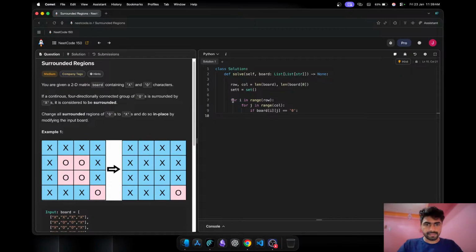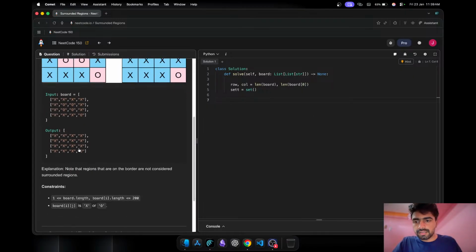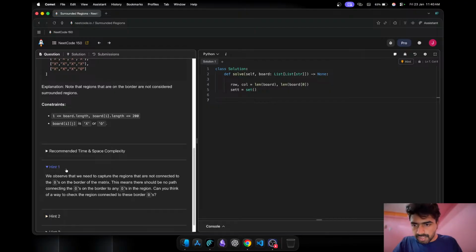Okay, look, for this we can ask for a hint. I don't want the time complexity. We observe that we need to capture the regions that are not connected to the zeros on the border of the matrix. This means there should be no path connecting the zeros.